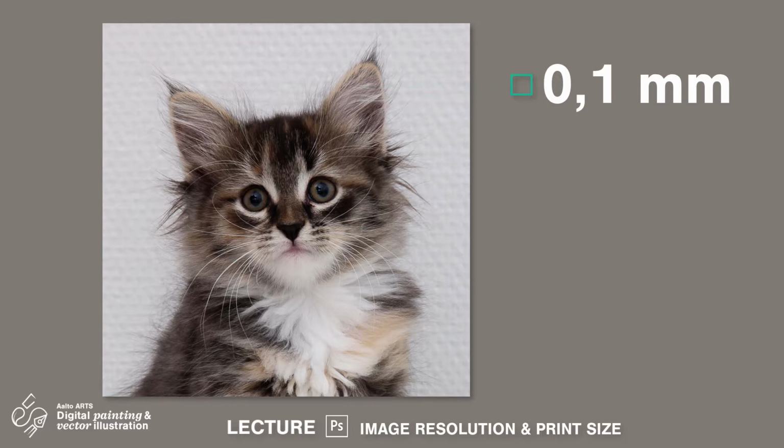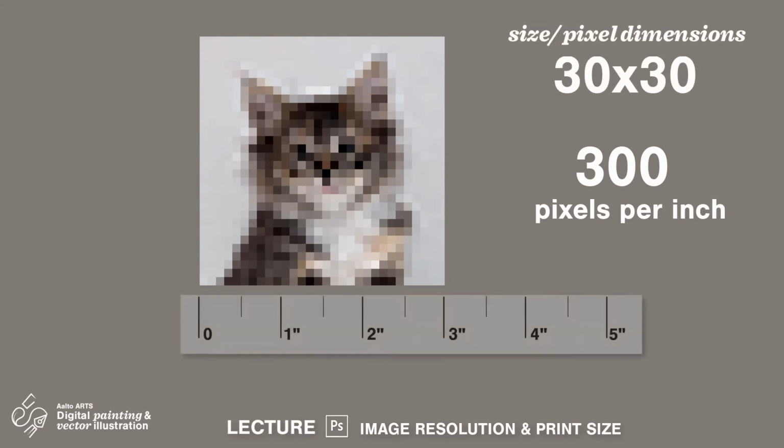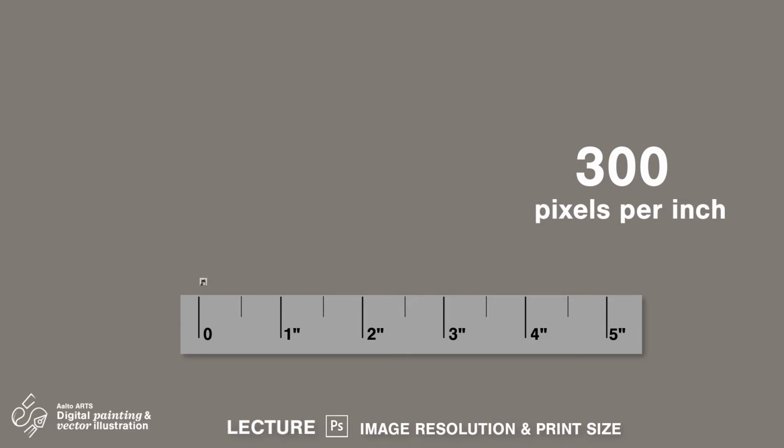This type of resolution is achieved with 300 ppi. This is a good resolution for a photograph. So if we defined this image with a resolution of 300 pixels per inch, it would be only 1/10 of an inch in size. That's 2.5 millimeters. But on this print, I couldn't tell the pixels apart.